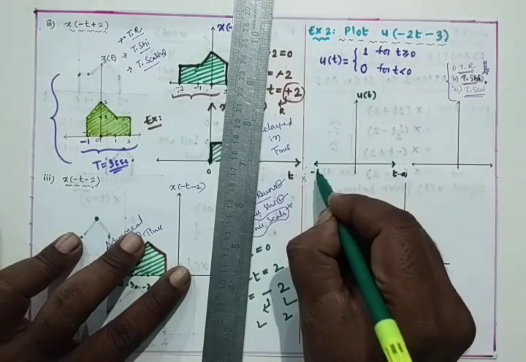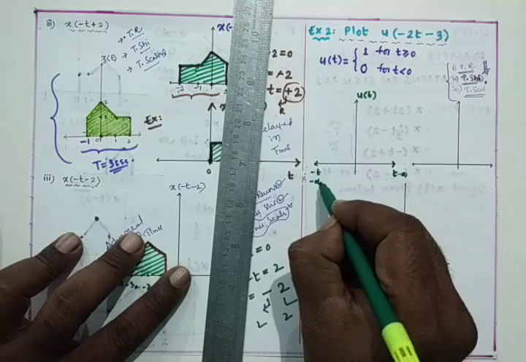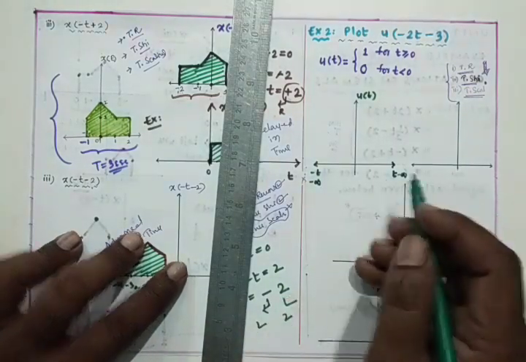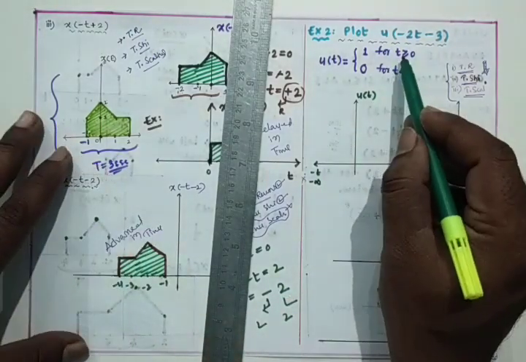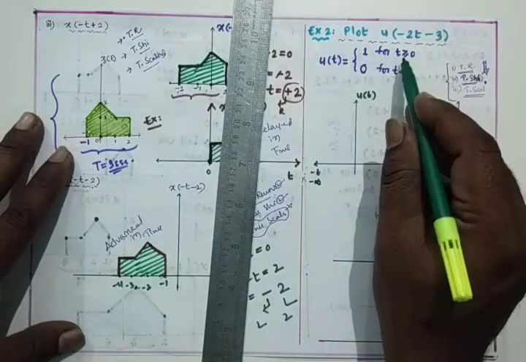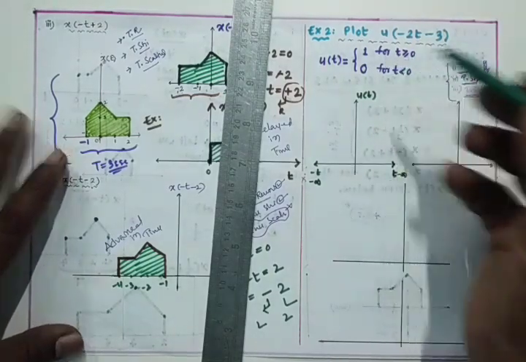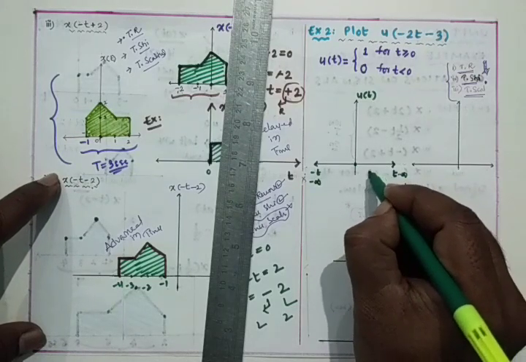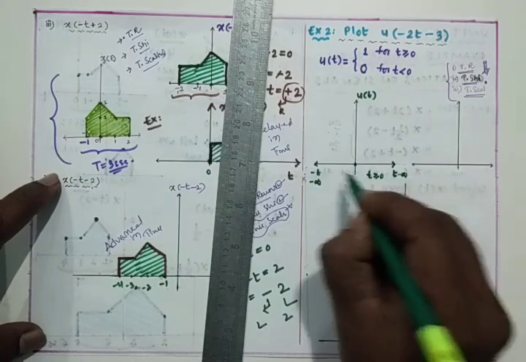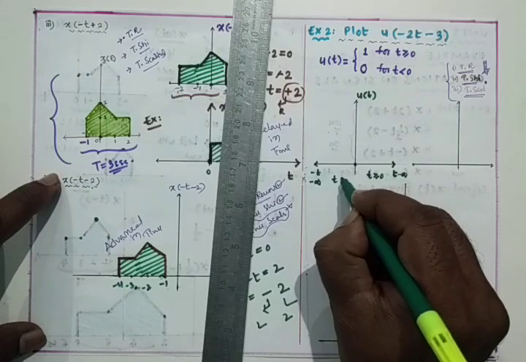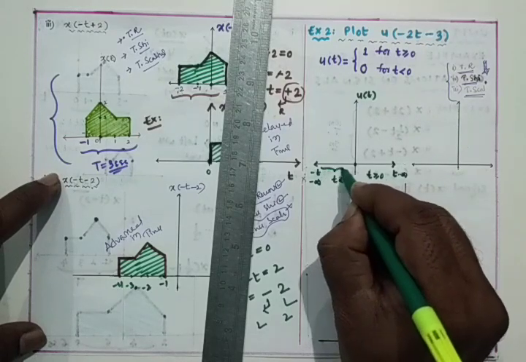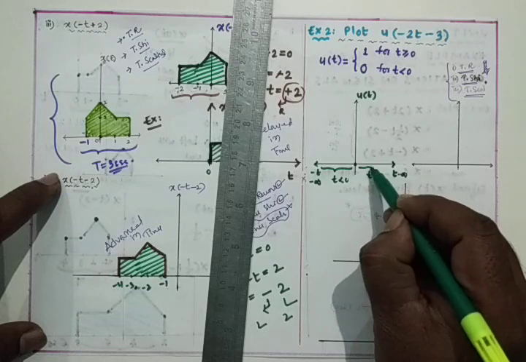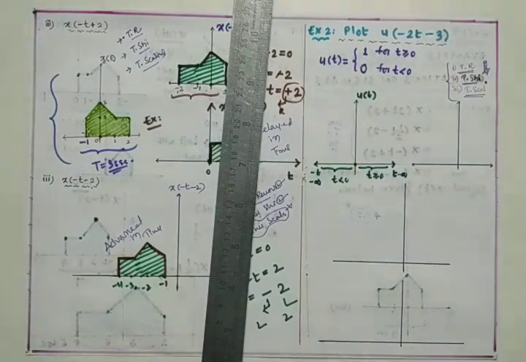This part is t greater than or equal to 0, and this part is t less than 0.